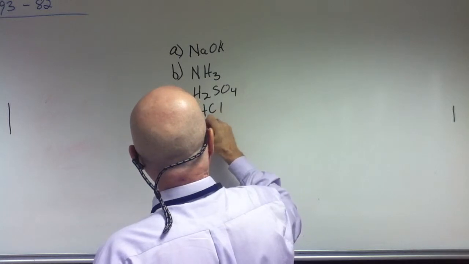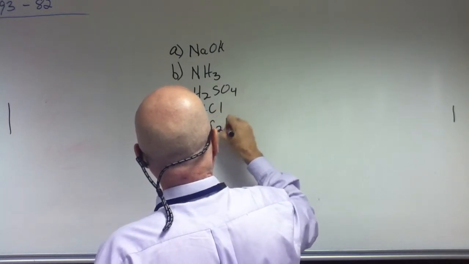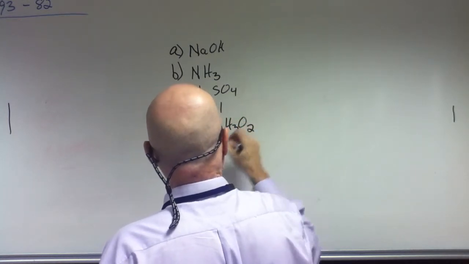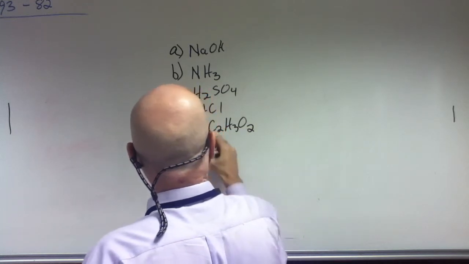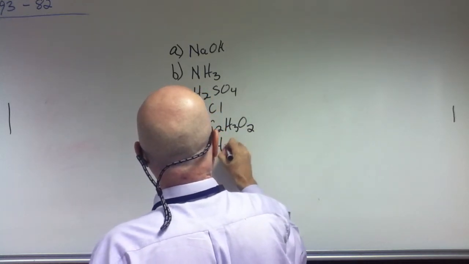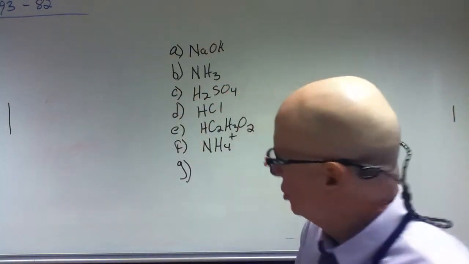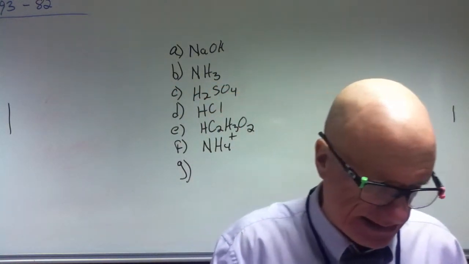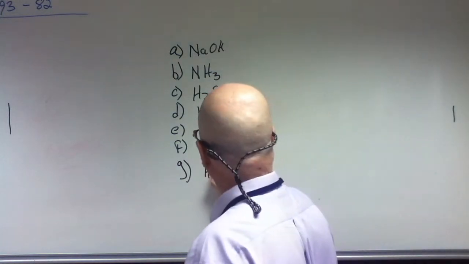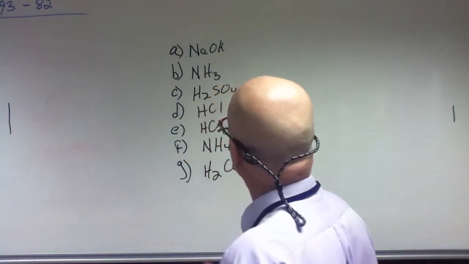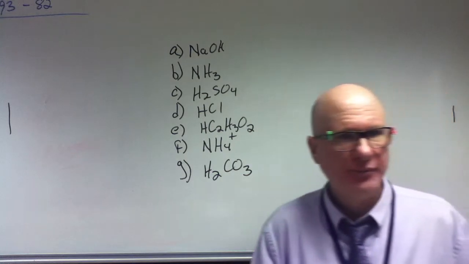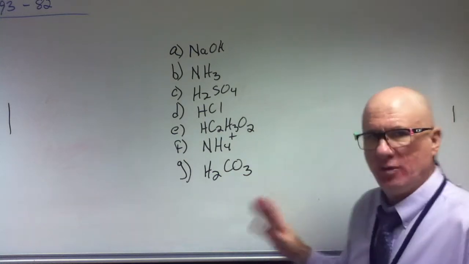We'll say E is HC2H3O2. We'll say that F is NH4 plus. We'll say that G is H2CO3. Okay? Is that good? Yes? All right. We'll spend a few minutes on this one.